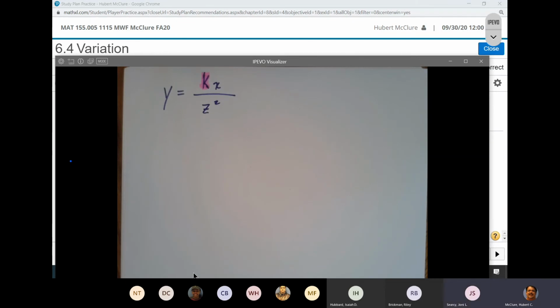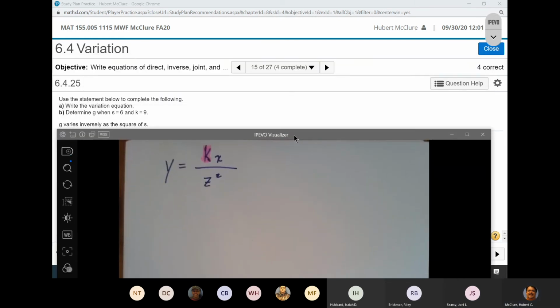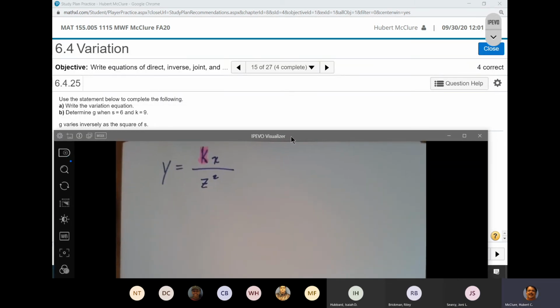So now I go back to my question, and it says G varies inversely as the square of S. Wait a minute.